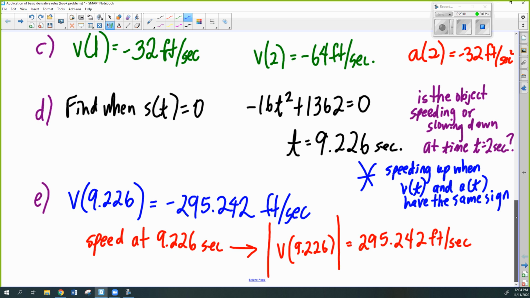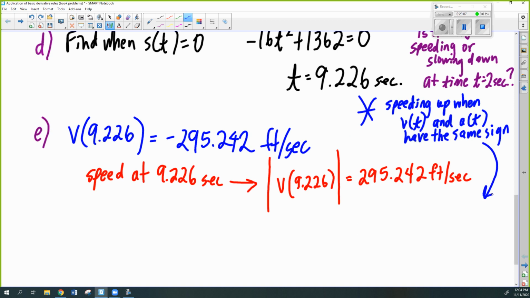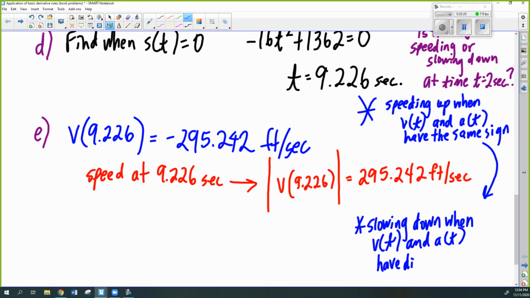And I'm running out of room here. So under that, go down here, we would be slowing down when velocity and acceleration have different signs.